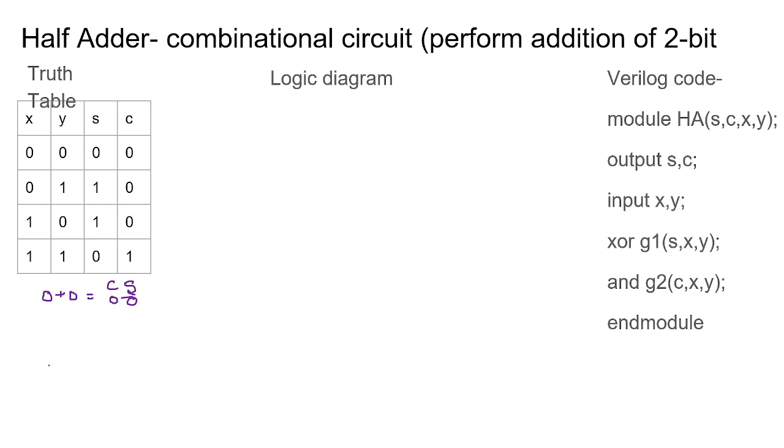In the same way, 1 plus 1 gives carry 1 and sum 0. From this we can obtain the equations: sum is equal to x exclusive OR y, and the carry term will be x AND y.